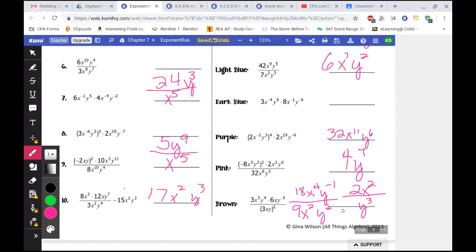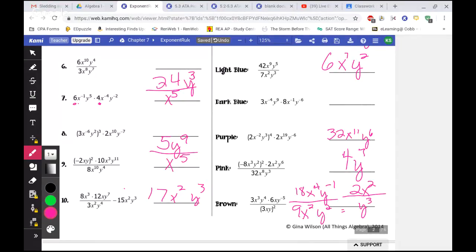How come number 7 is 11x to the -5 y to the third? Because 6 plus 4 is 10. How'd you get 11? It's 6 times 4. You only add exponents. You're still multiplying integers. See, that's 6 times 4. Wouldn't that be 24? Yes, I have 24 written there. I don't know where there's an 11.